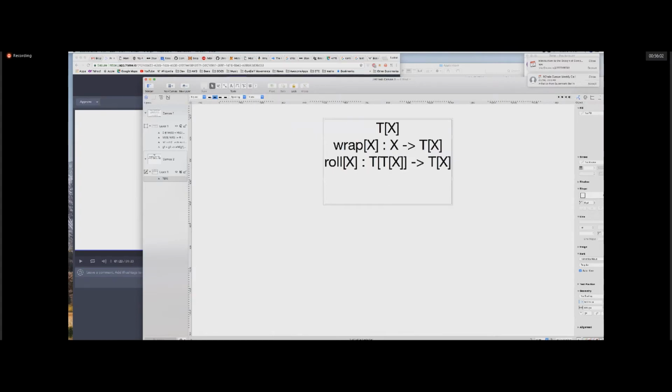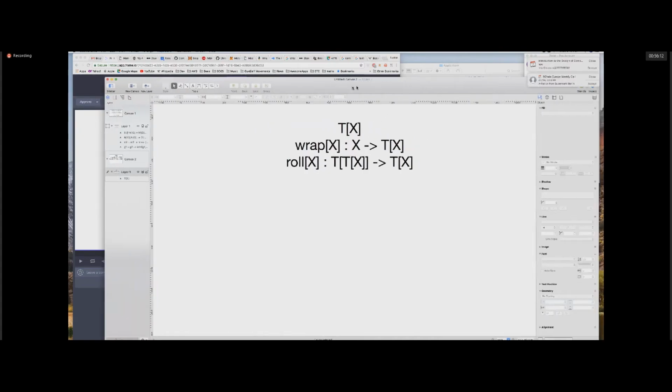So a location, let me see if I can draw it first. We can think about it generally.